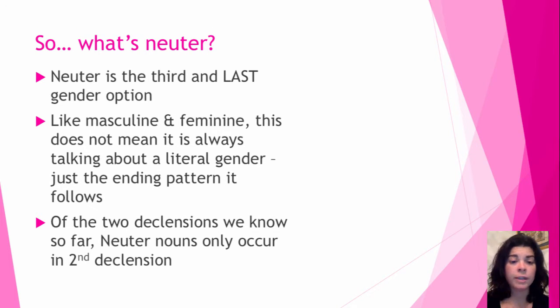is going to follow. Now, of the two declensions that we know, you're only going to see neuter nouns appear in second declension only. And again, just like a declension, a noun's gender doesn't change from one to the other, okay? So that means if something is masculine, it stays masculine. It will never change. If something's neuter, it's always neuter.